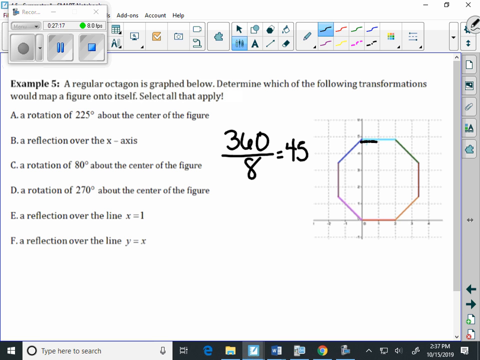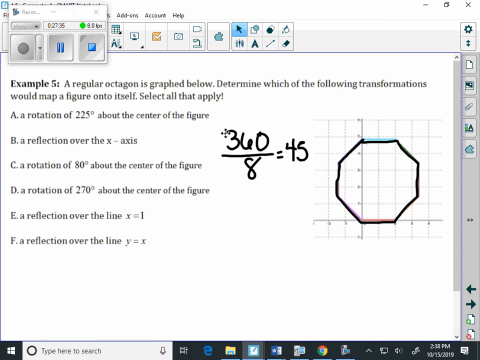But once again, as I try to trace this figure, I'm close except for that top line. But let's look at this here, and we rotate. We want 45 degrees.